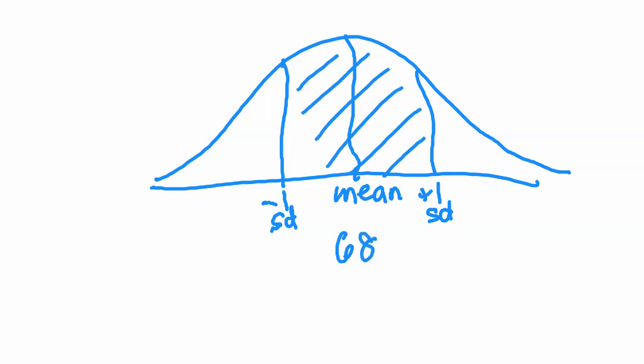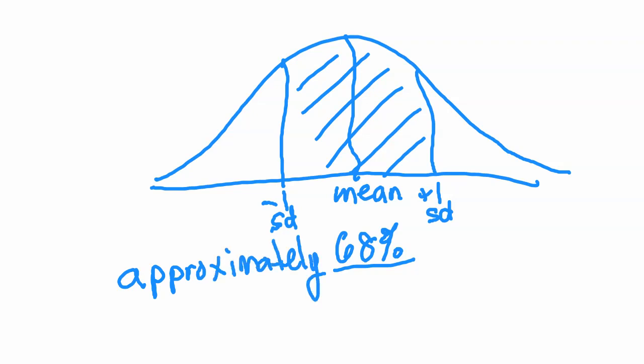The book says 68.44, but we're just going to use 68. So 68% of the data is between -1 and +1 standard deviations. That's approximate, but it's a good easy way to figure out things. We could just look at it and say, oh yeah, there it is.